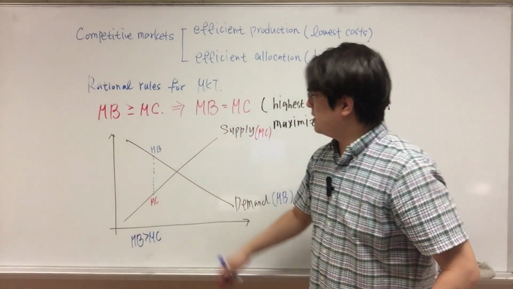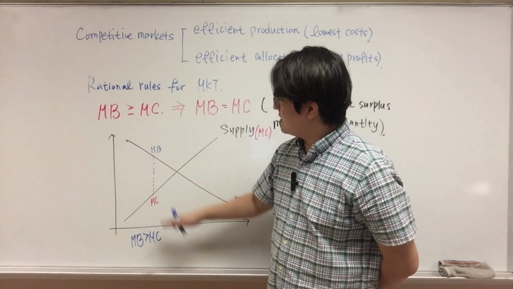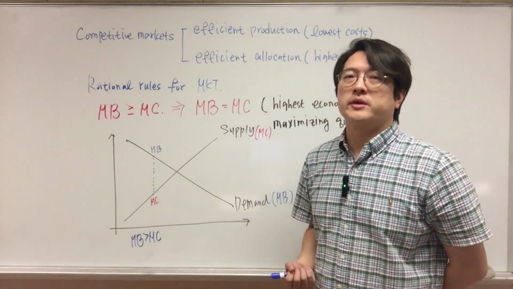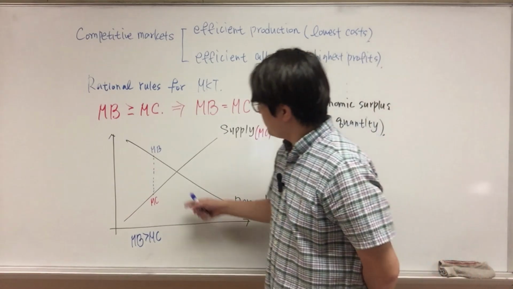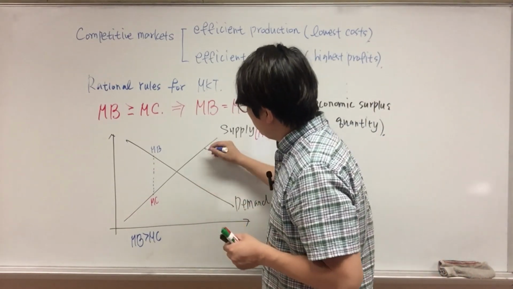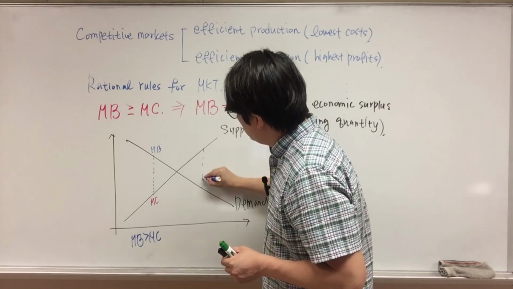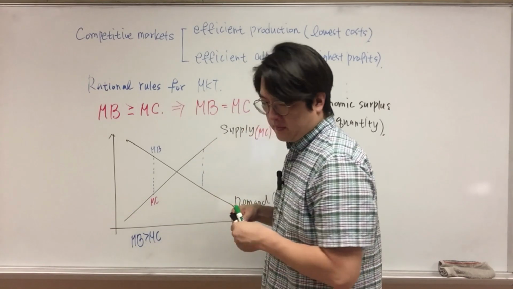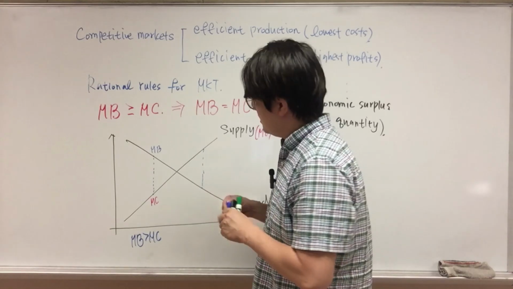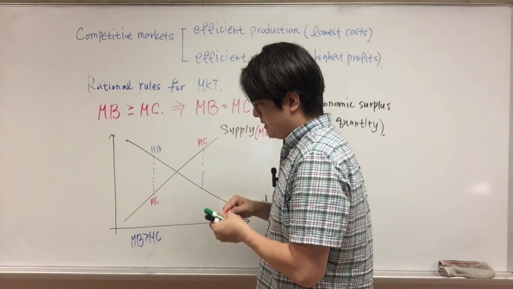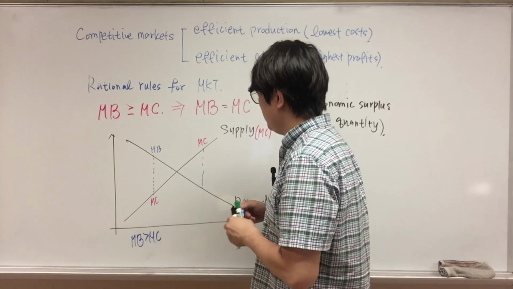We can think about that, it is an inefficient point, inefficient allocation, right? So how about this? At this point, marginal cost is greater than marginal benefits.